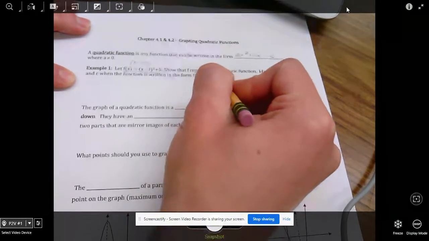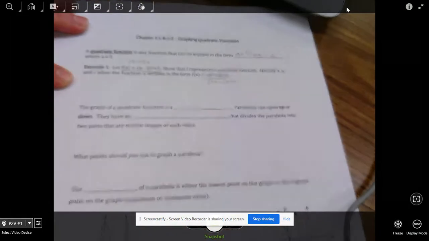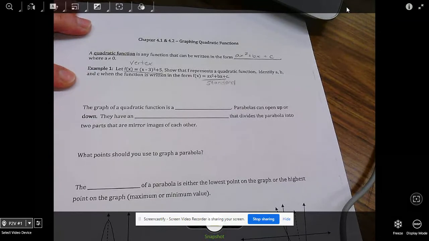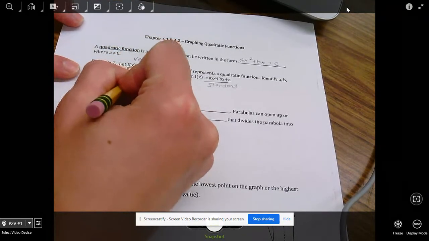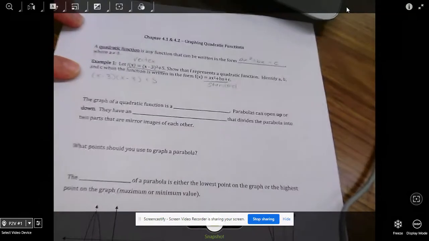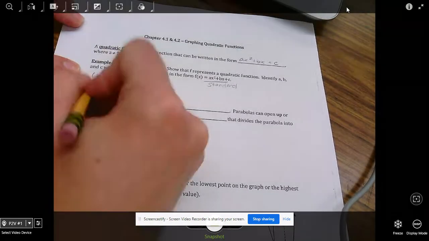So just like in chapter 1 where we had slope-intercept form, standard form, point-slope form, there's many forms for quadratics. So if I take this quadratic and simplify it, we are now in standard form. You FOIL the beginning.